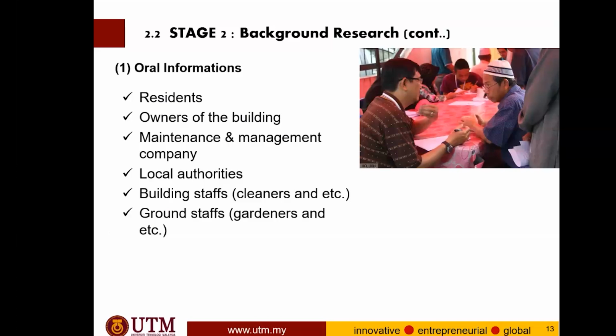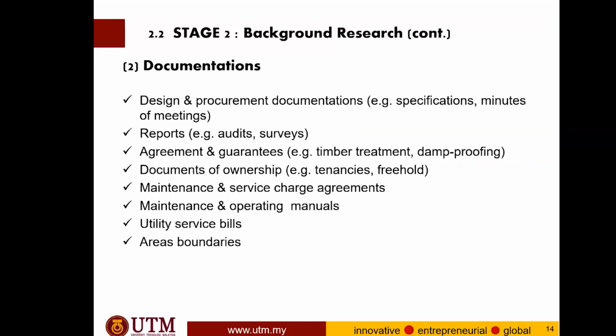So you can imagine thousands of units, and thousands of columns, slabs, and beams. You can imagine also thousands of lighting, hundreds of staircases, and how many kilometers of drainage. So this is the importance of oral conversation with the residents.